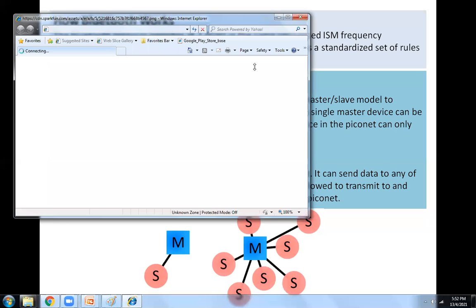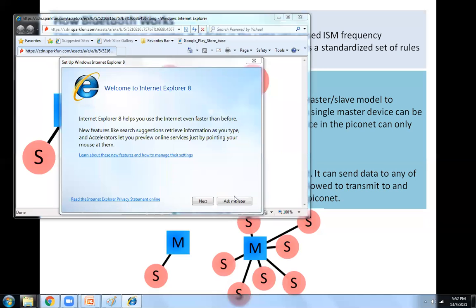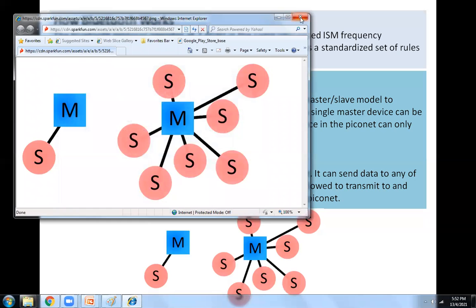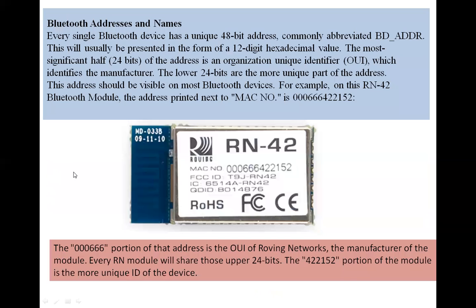Now we see the Bluetooth addresses and their names. When you see any Bluetooth device, you can see something written on it.